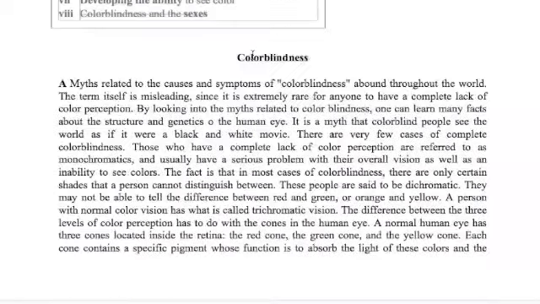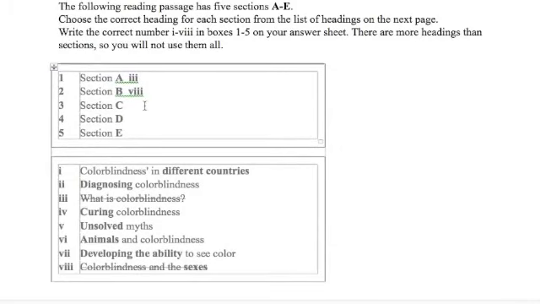So we're talking about babies here, right? Babies are born colorblind, then they develop the ability to see color. So what is our choice here? Absolutely. This is our answer. Developing the ability to see color. Great. Don't forget to cross it off.